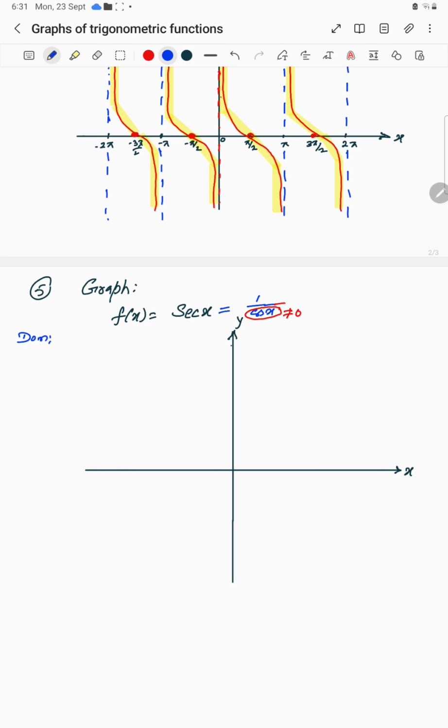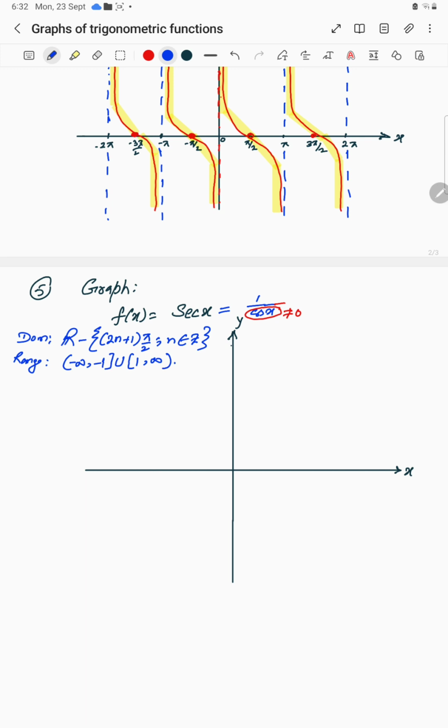The domain of this will be the set of real numbers except odd multiples of pi by 2, where n belongs to the integers, and the range will be from minus infinity to minus 1, union 1 to plus infinity.